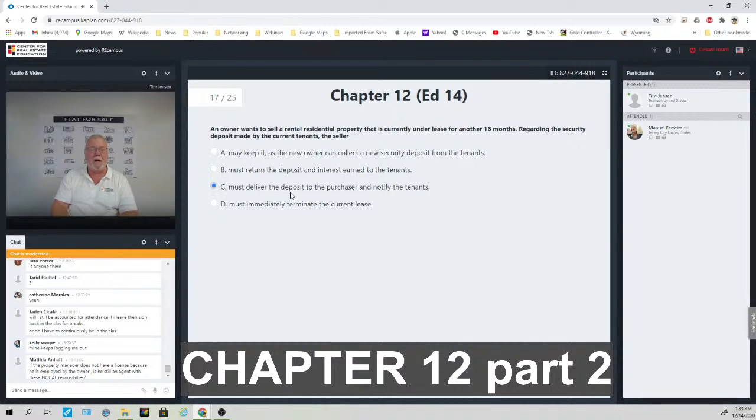C, must deliver the deposit to the purchaser and notify the tenants.